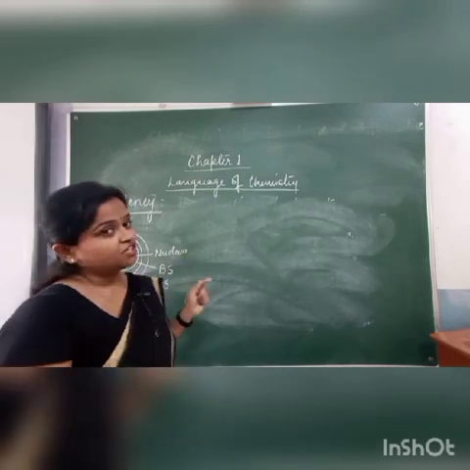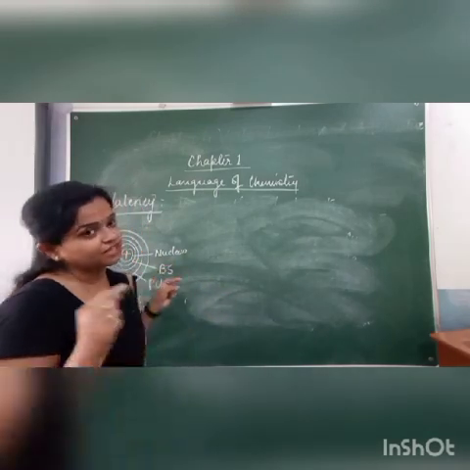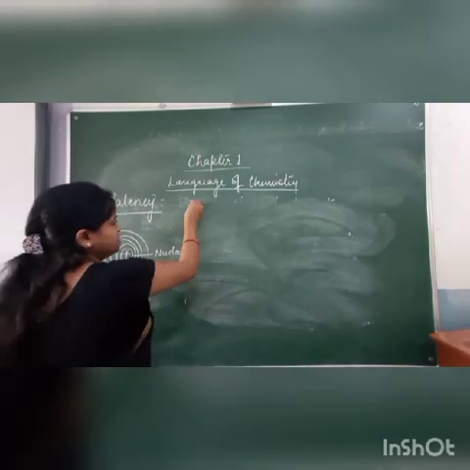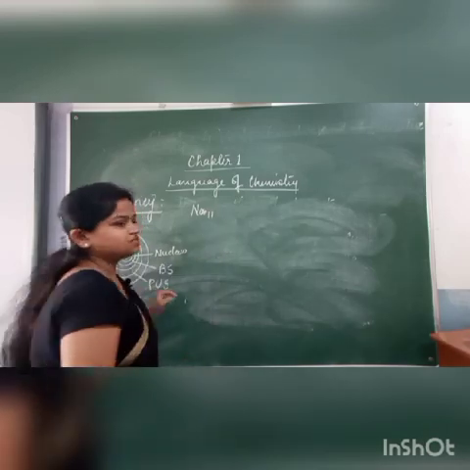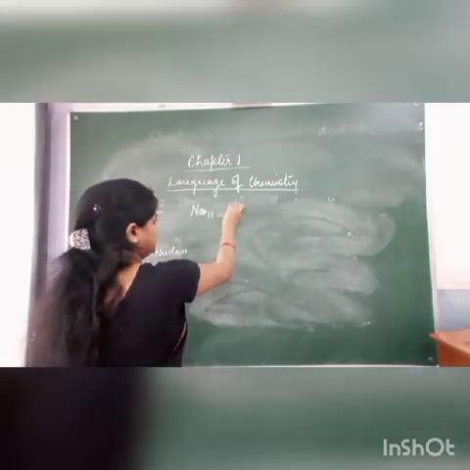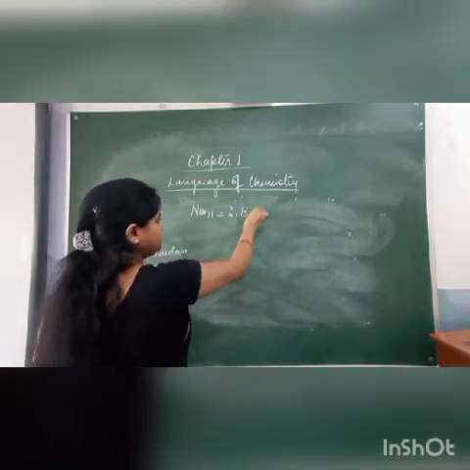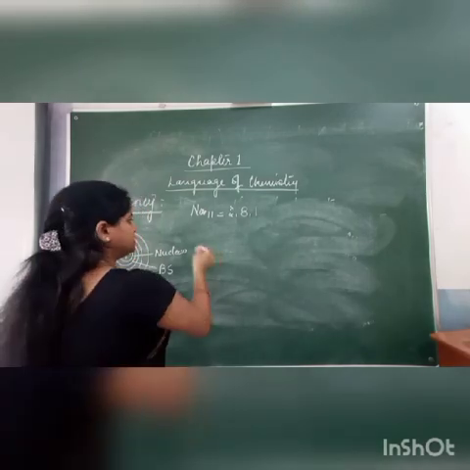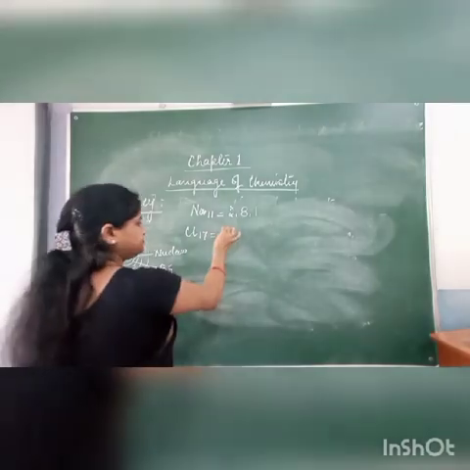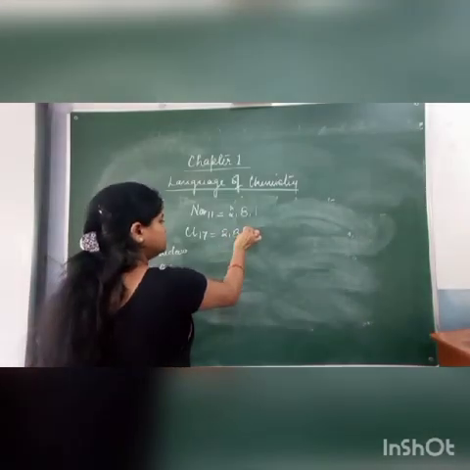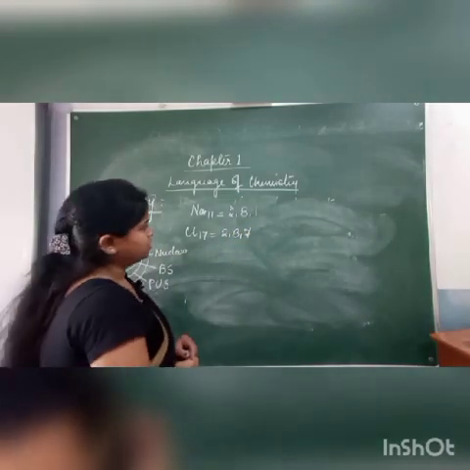Now, let me give you 2 examples where we can verify this definition. First example is sodium. The atomic number of sodium is 11. If I write its configuration, 2, 8, 1. Second example, chlorine. Atomic number is 17. 2, 8 and 7. Okay.